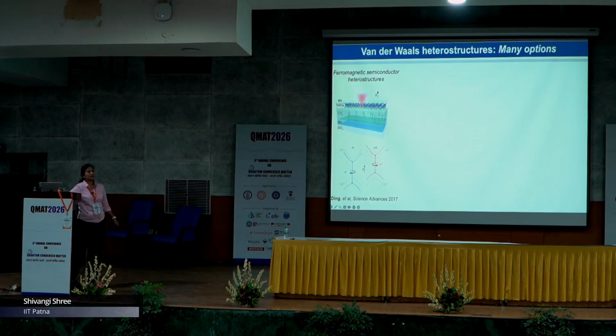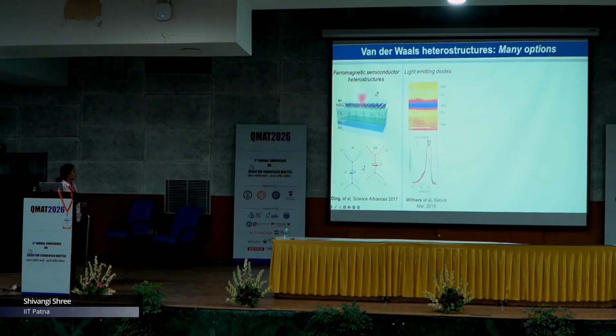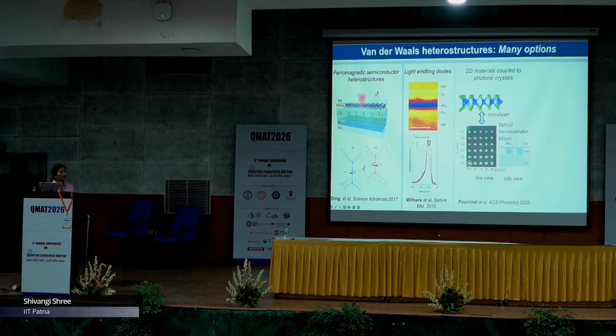There are many interesting studies that have already been done using van der Waals heterostructures. For example, you can combine this semiconducting material with a magnetic material and then look at the interesting properties. One can make LEDs out of monolayer WS2, and one can also very easily integrate on silicon photonics, or here in this case a silicon nano resonator.